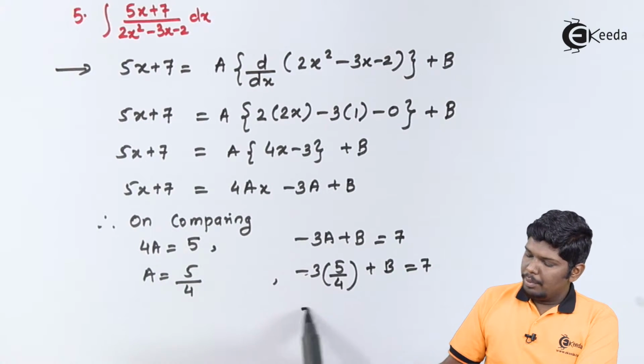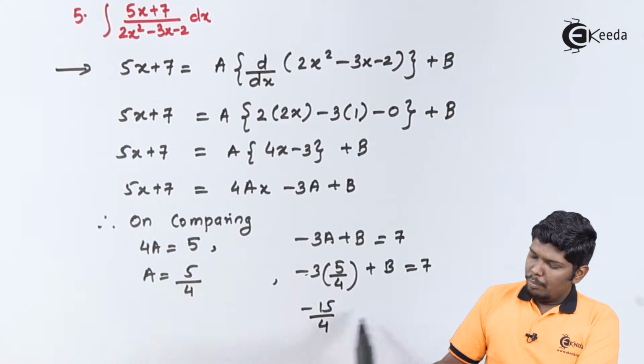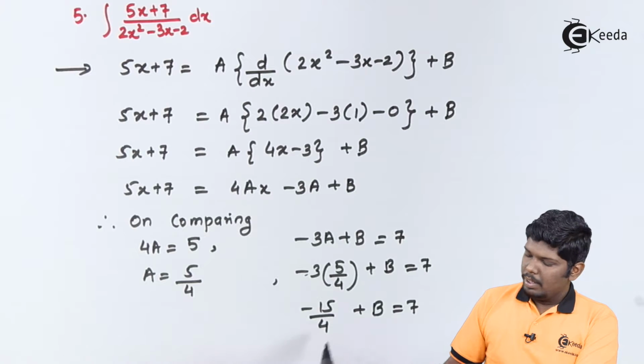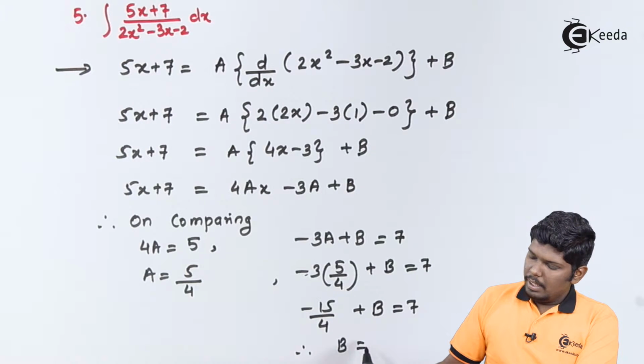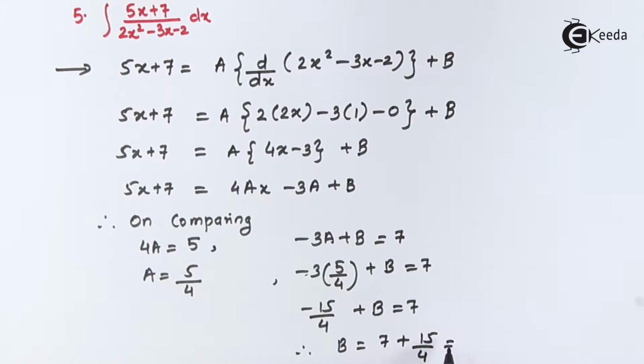This will give you minus 15 upon 4 plus b is equal to 7. Therefore, b is 7 plus 15 upon 4, which is equal to 7 into 4 is 28 plus 15 upon 4. That will give you 43 upon 4.